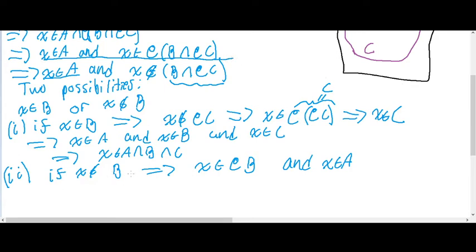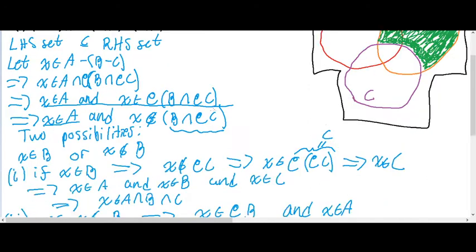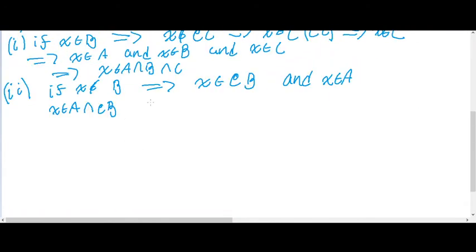And if x is not in B and x is in A, that's the same as saying that x is in A intersect the complement of B. And by this property right here, that implies that x is in A minus B.